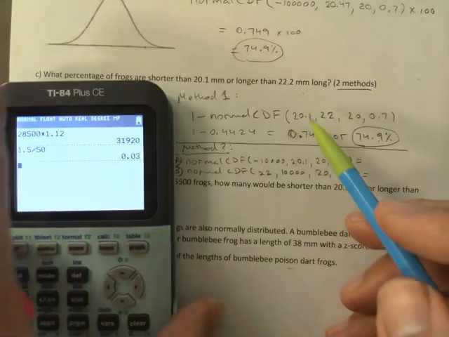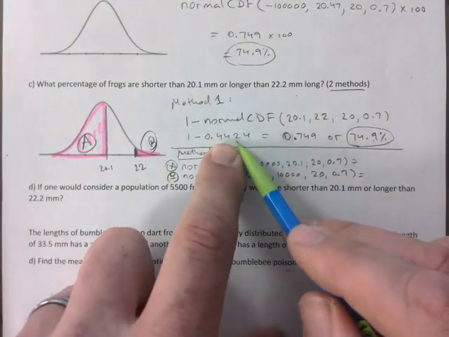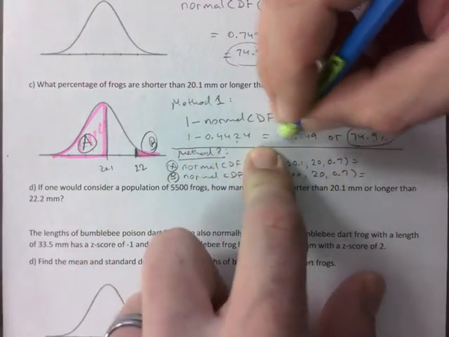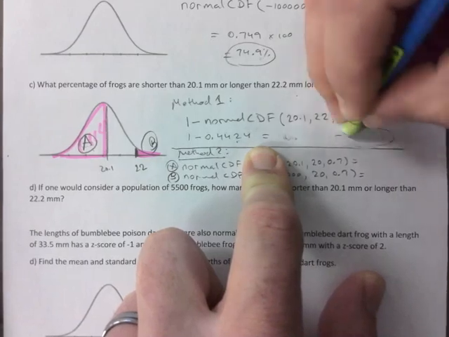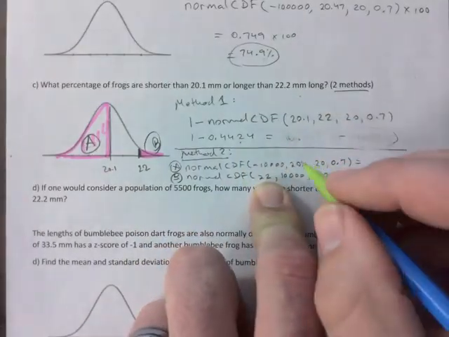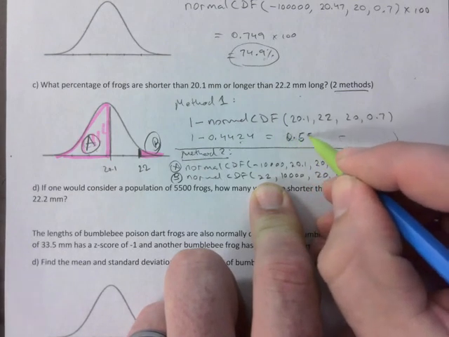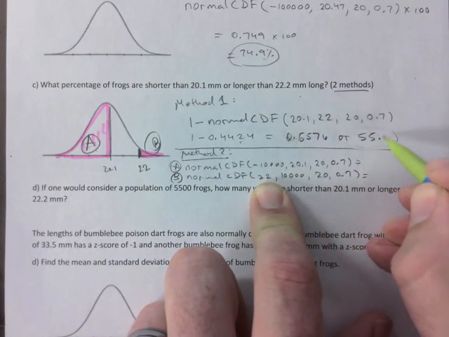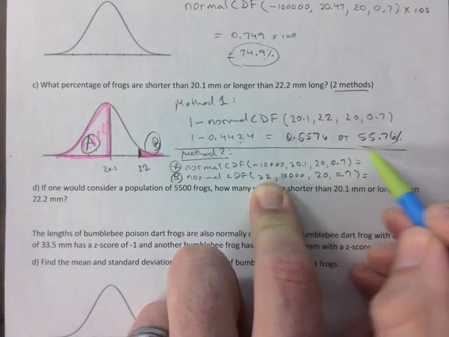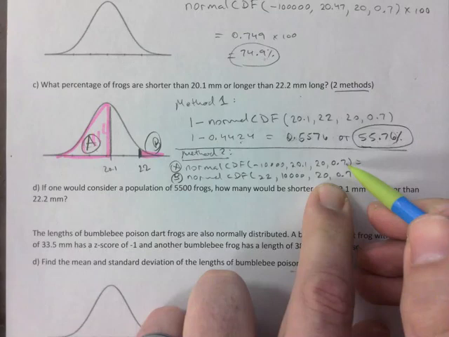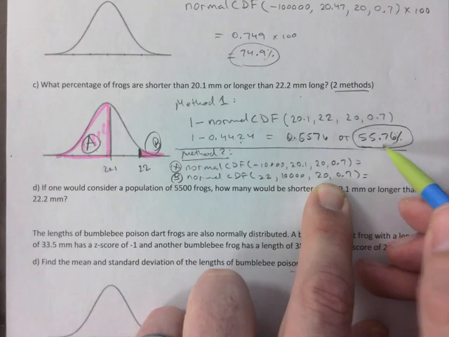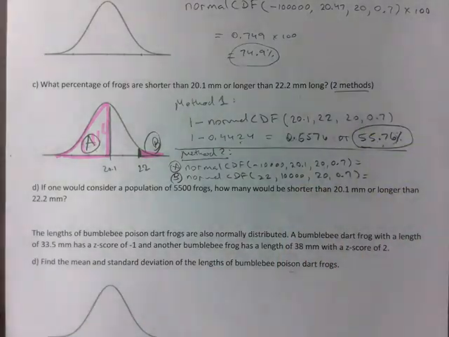I was wondering if I take off 0.44, how do I have 74.9? Sorry, I was looking at the wrong one. My bad. On Fridays, you got to be extra careful. Must have been the Jets game. So it's 55.76. Regardless, if you do it this way, you should still get that, or very close. So you get the mark regardless of which method you use.